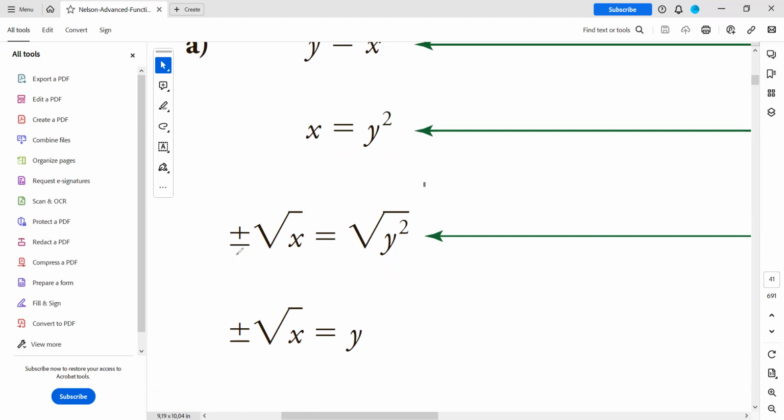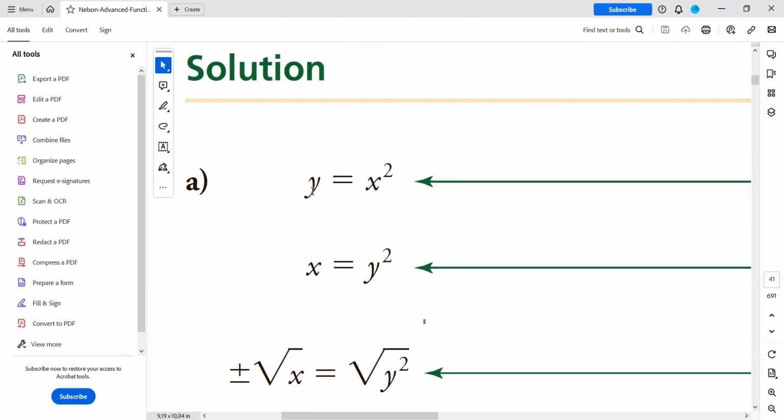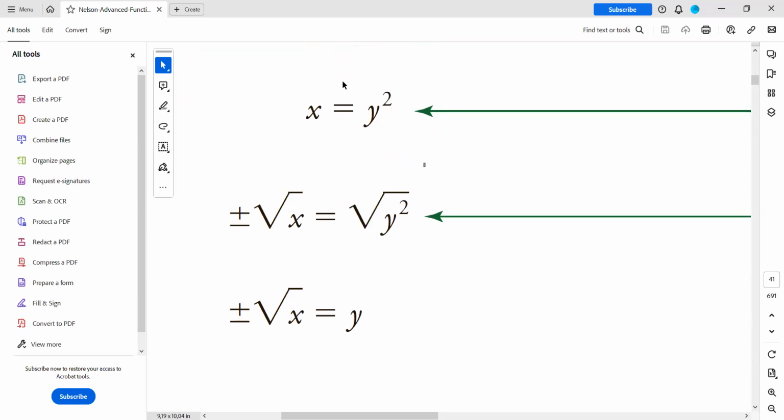And why is it plus minus here? Because x could be any positive number in this case, basically, because we're taking a square root and we cannot take the square root of a negative number. And how can we get a positive number?